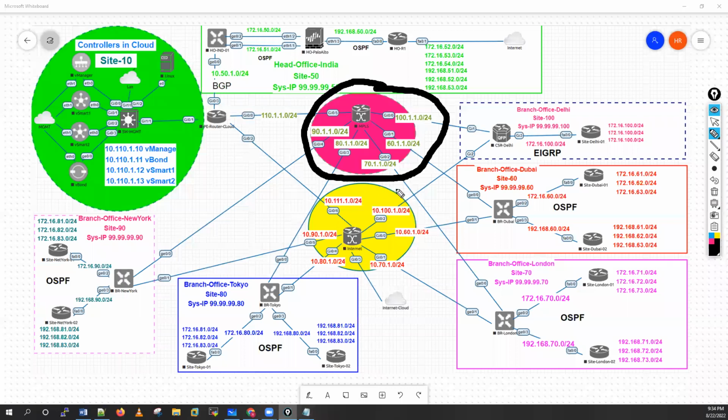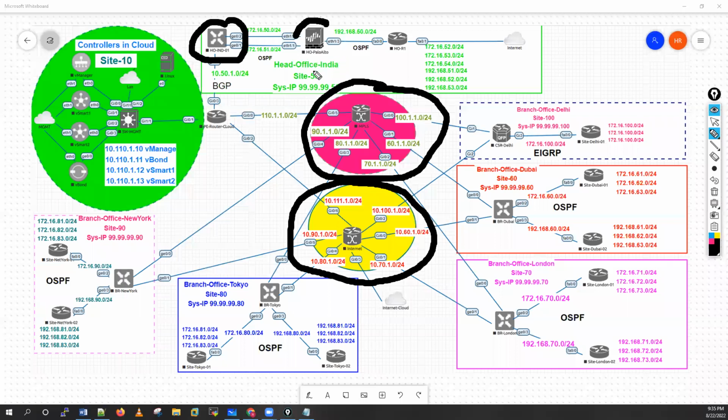This is my normal internet environment basically. This is my head office where I have one WAN router. This is my Palo Alto firewall, which I need when I do some labs. This is my LAN router, and these are the subnets which I have in my head office environment.